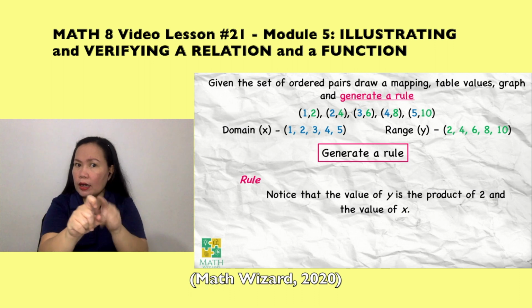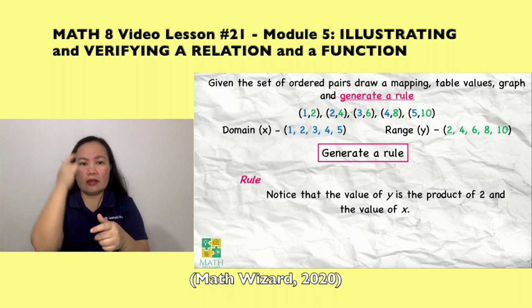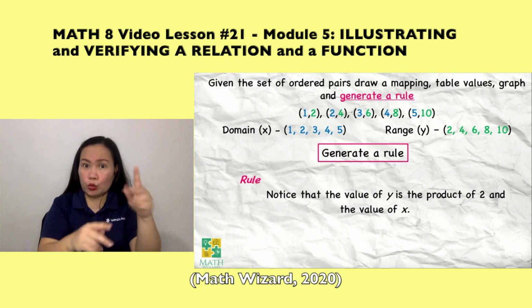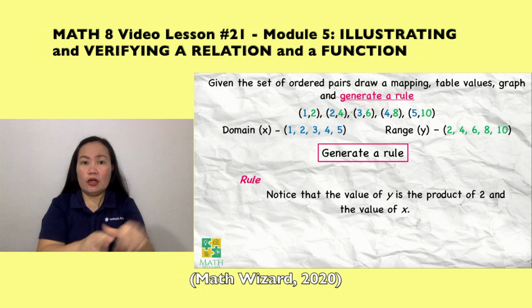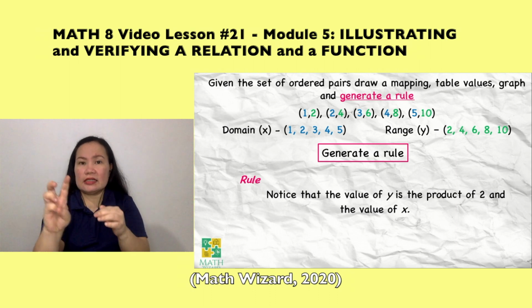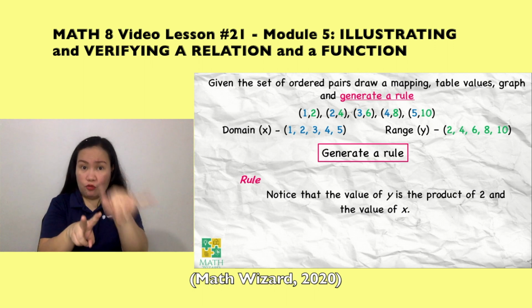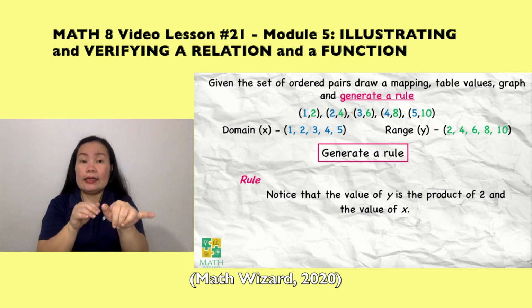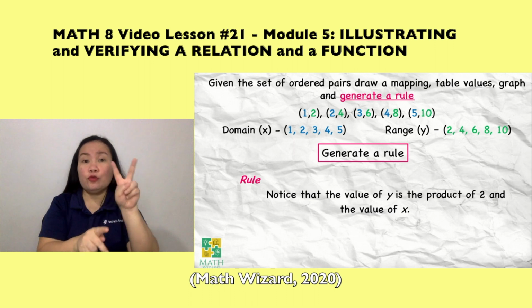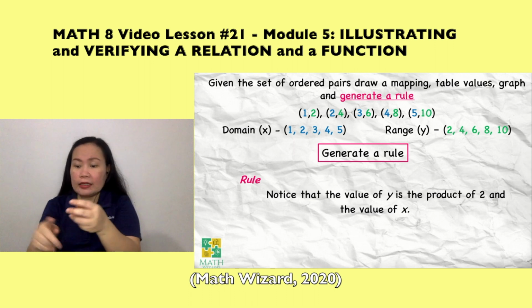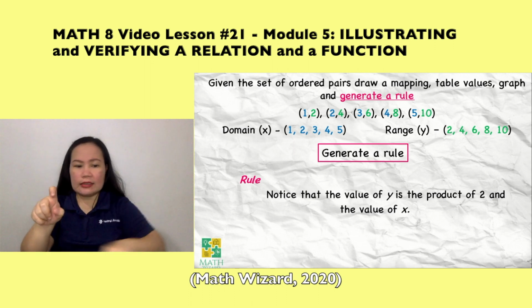So, 2 times 1, kanyang partner is 2. 2 times 2 is 4. 2 times 3 ay 6. So, ibig sabihin, yung value ng y is just the product of 2 and the value ng ating x.